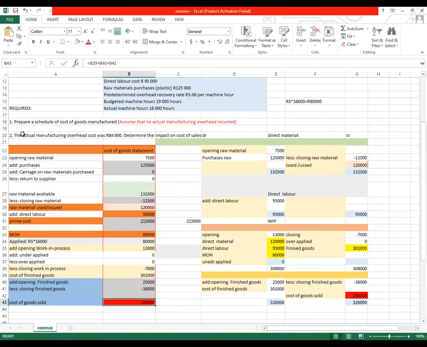Here, under this information, under number 2, we have been given the amount of 84,000 as actual. And here, we should calculate what? The under or over applied. How to calculate the under or over applied, guys?